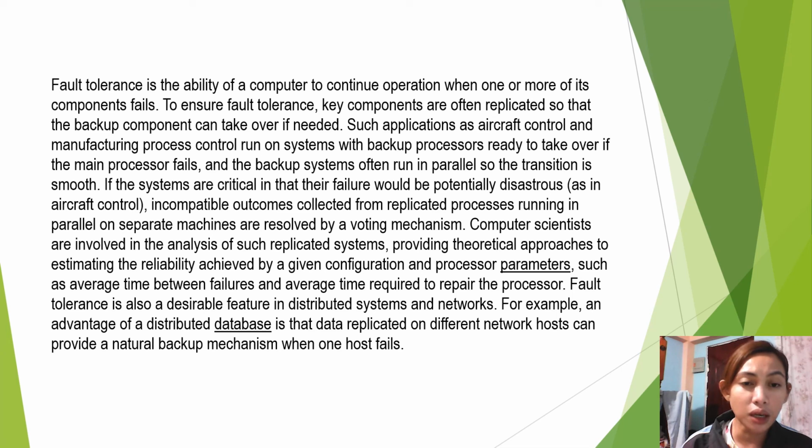If the systems are critical in that failure would be potentially disastrous, as in aircraft control, incompatible outcomes collected from duplicated processes running in parallel on separate machines are resolved by a voting mechanism.